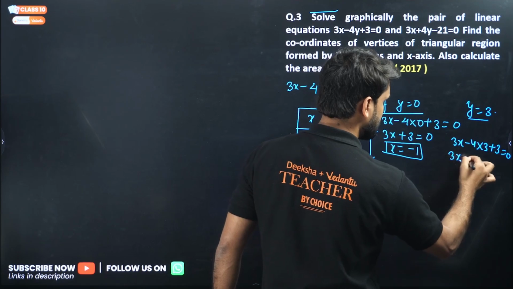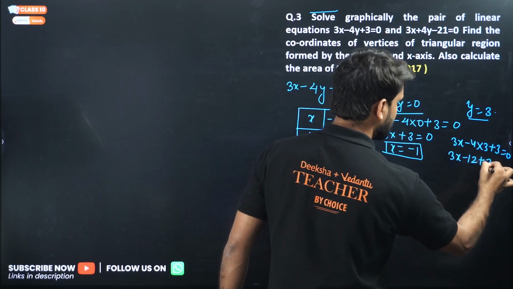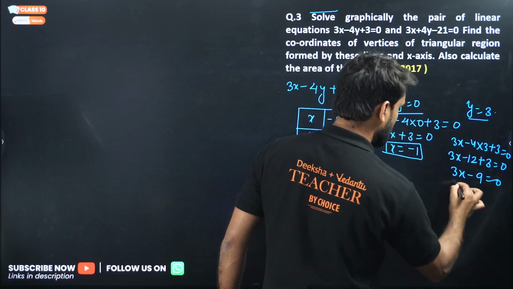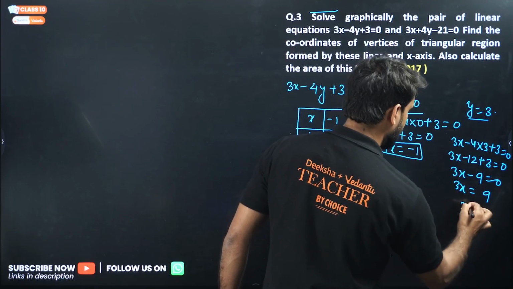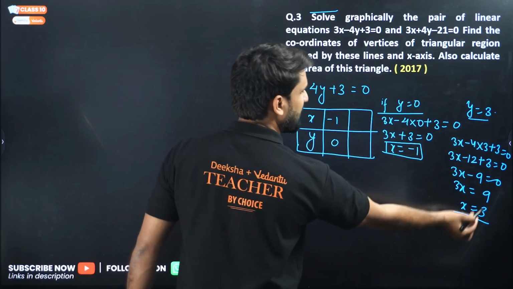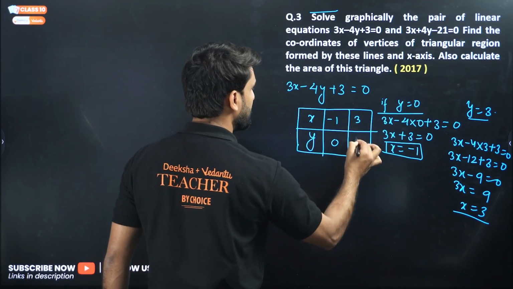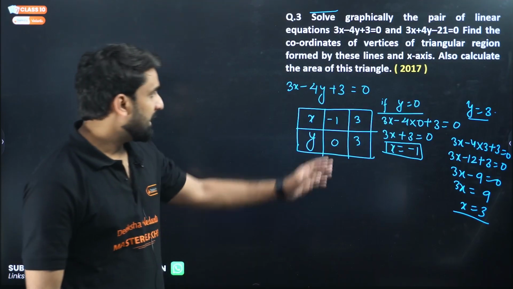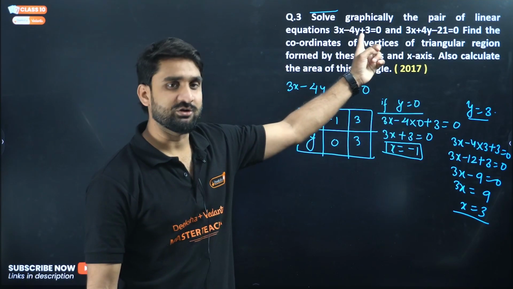So 3x minus 12 plus 3 equals 0. So 3x minus 9 equals 0. So 3x equals positive 9. So x we are getting as 3. Right. So on putting y as 3, we are getting x as 3. So this is the solution. So we have calculated the solution of the first equation.